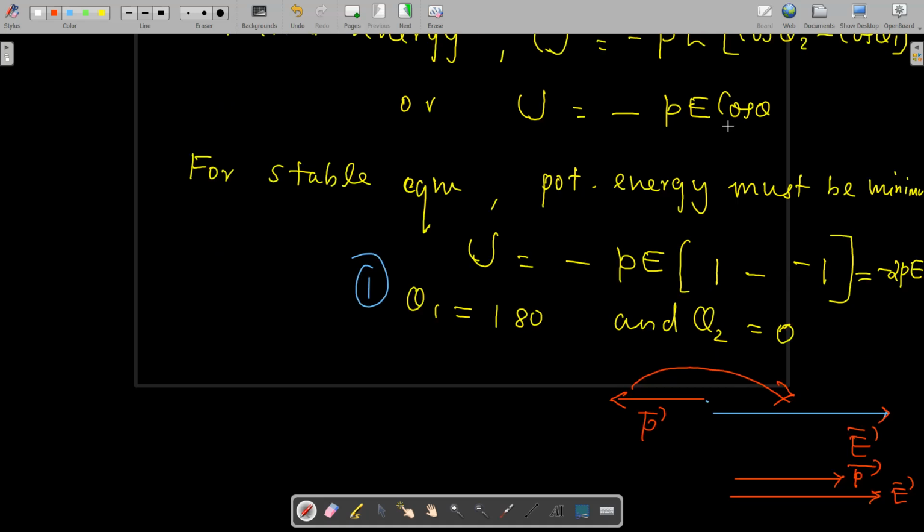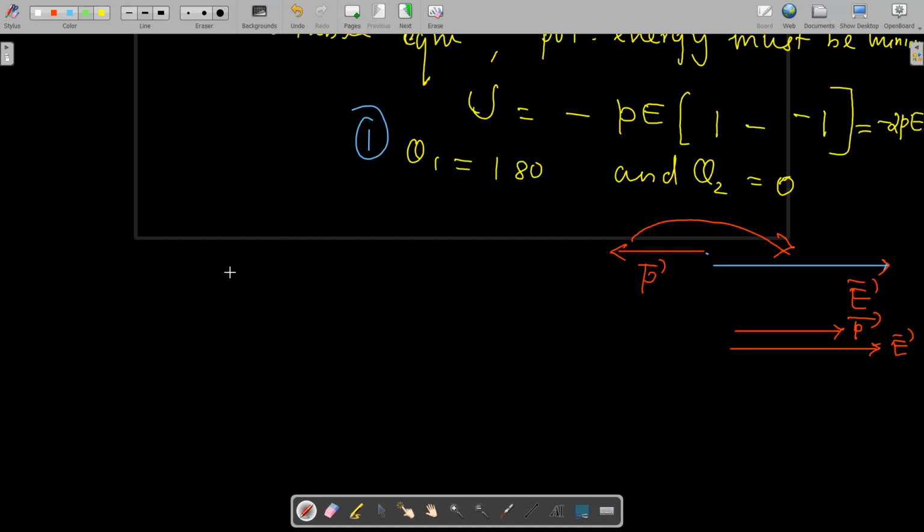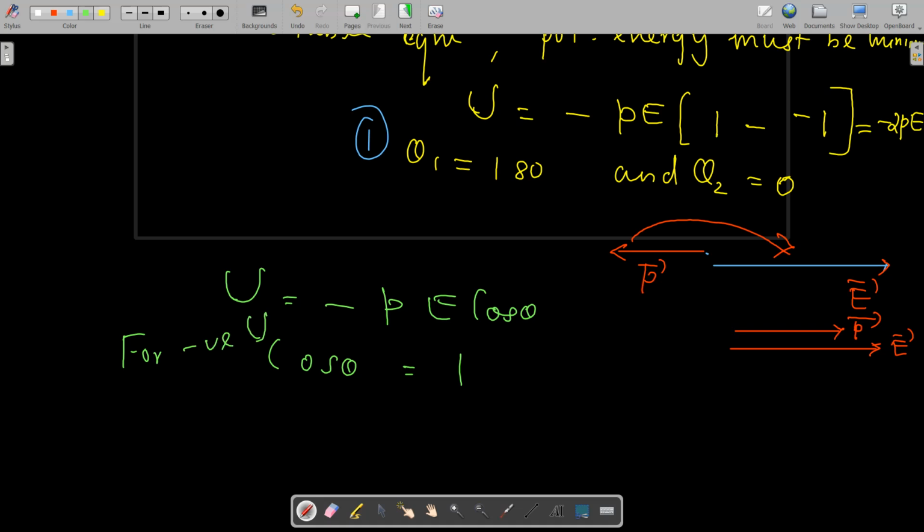And if you are using the second equation, it is very simple. The second equation is U equal to minus PE cos theta. For getting a negative value, cos theta must be 1. For negative potential energy, cos theta is 1.